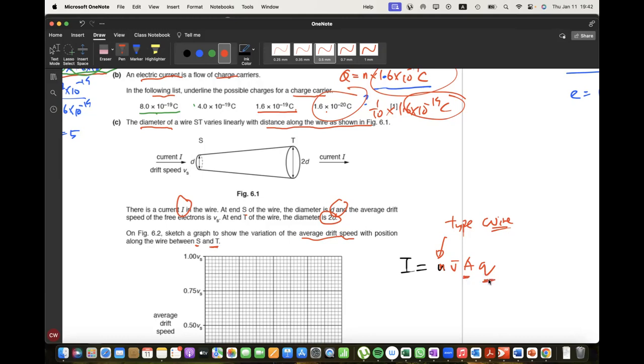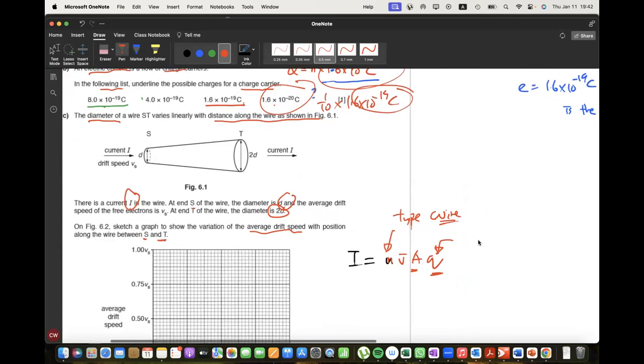Area and Q. Q is a charge. Charge of the electron, is it constant? Also constant. Charge of electron is always this number. This number will not change, so it's a constant. I, is it a constant? From here to here there is only one flow, because this is series.